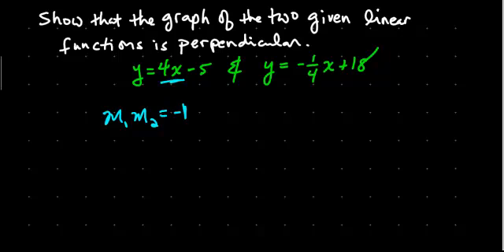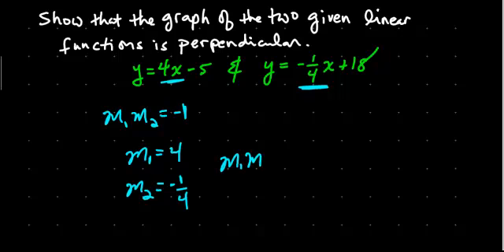From here, m1 equals 4. From here, m2 equals negative 1/4. So we look at m1 times m2, which equals 4 times negative 1/4, which does indeed equal negative 1.